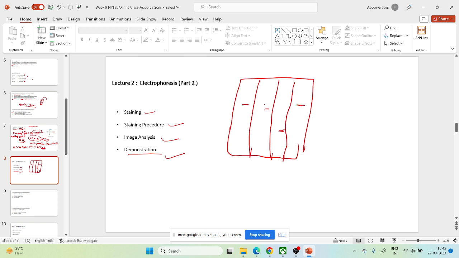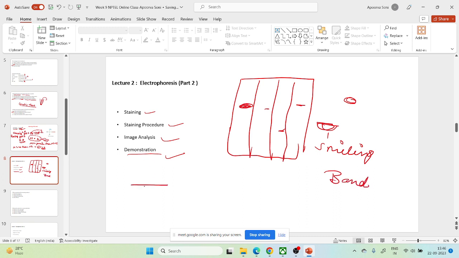That is about how much sample you want to load, because if you load a lot of sample, then your band would be very thick, something like this. These are called smiling bands.